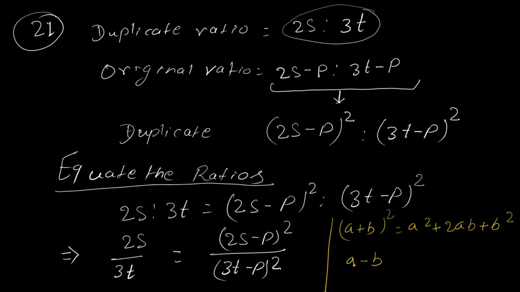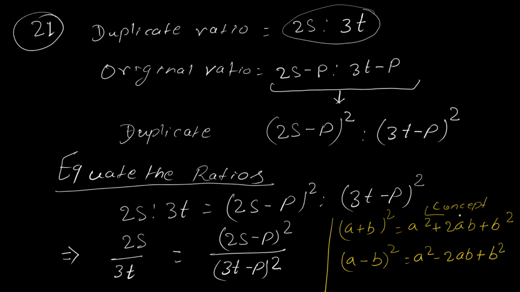What if, sir, there is a minus b whole square? Then simply a square minus 2ab plus b square. This is mathematical concept.